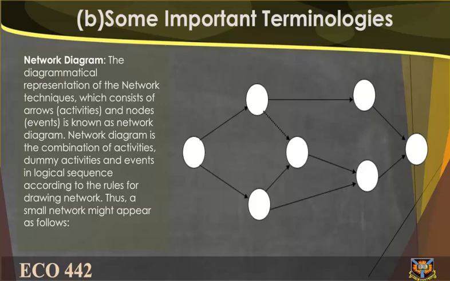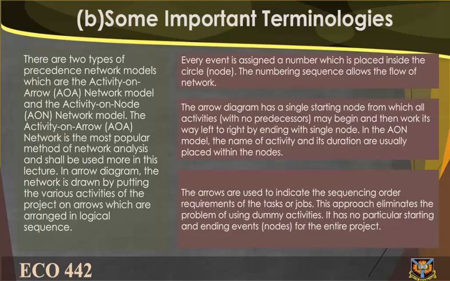Thus, a small network might appear as follows. There are two types of precedence network models, which are the activity on arrow, AOA, network model and the activity on node, AON, network model.